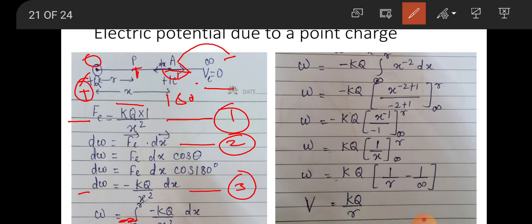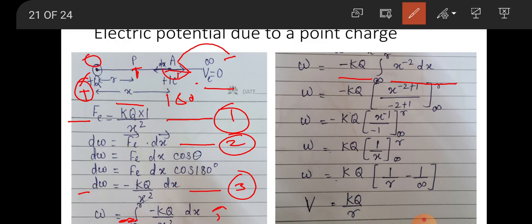Got this? Next we take out the common factor, that is minus kq, integration from infinity to r of x raised to minus 2. We have just taken the x which is present in the denominator to the numerator. Integrate this x raised to the power minus 2.